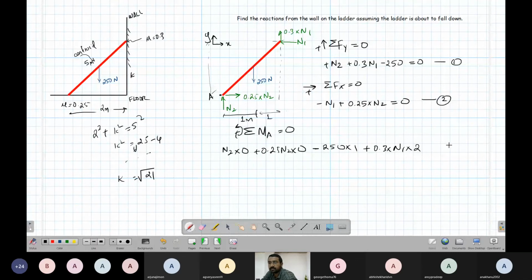Okay, so you can write here n1 times root 21. It is also anti-clockwise. This is also trying to rotate in anti-clockwise. So if you observe this equation, simplified, it is minus 250 plus 0.3 into 2, which is 0.6 n1, plus root 21 n1 equal to 0.